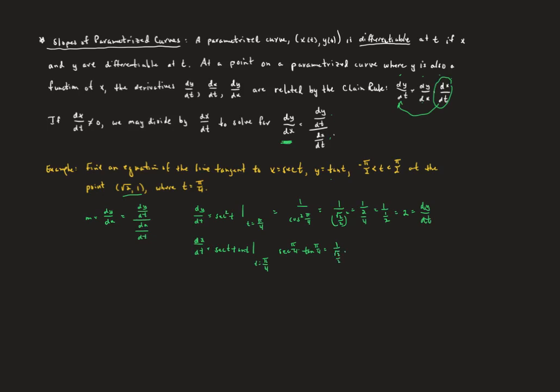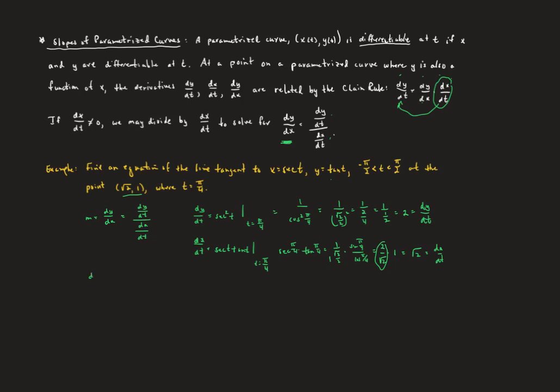The tangent of pi over 4 is going to be sine pi over 4 over cosine pi over 4, which is square root of 2 over 2 over square root of 2 over 2, which is 1. To divide by square root of 2 over 2 is to multiply by the reciprocal. So we can simplify the 2 over square root of 2 to be square root of 2. And that is our dx/dt.